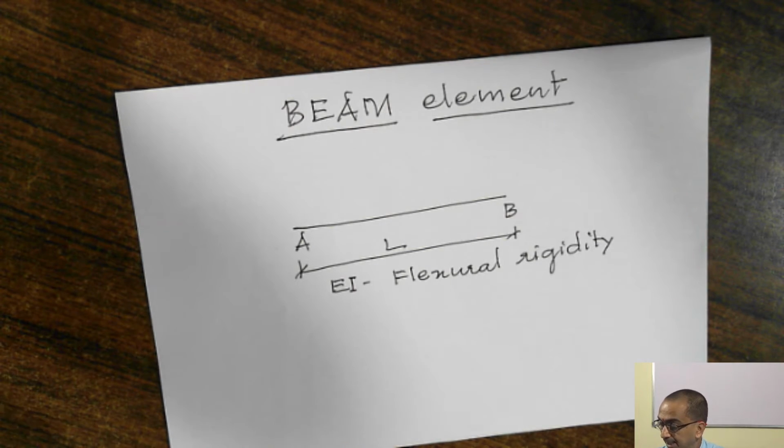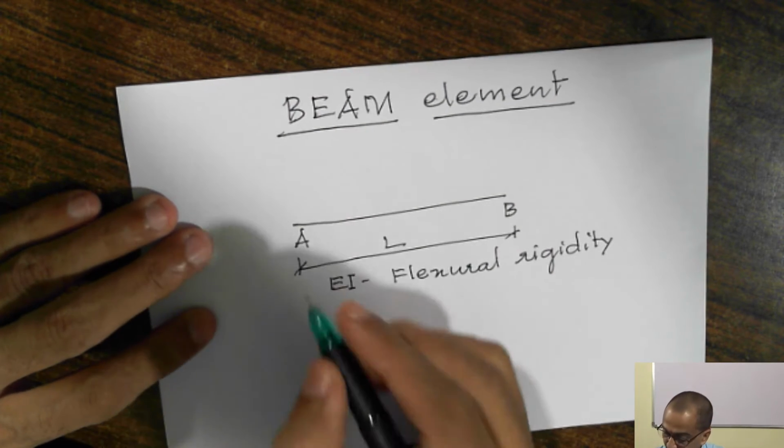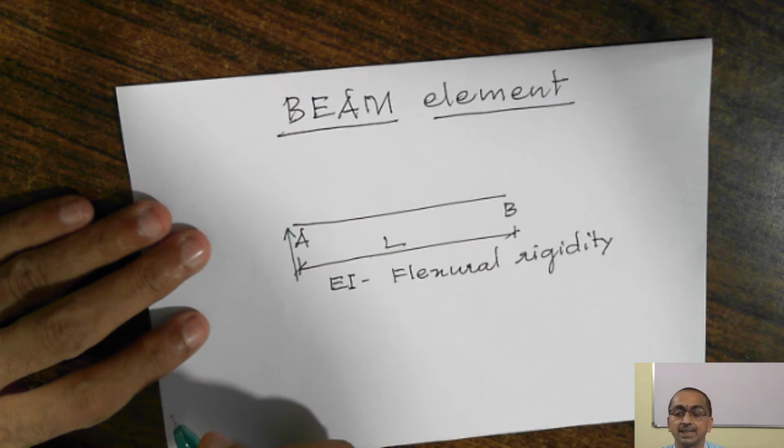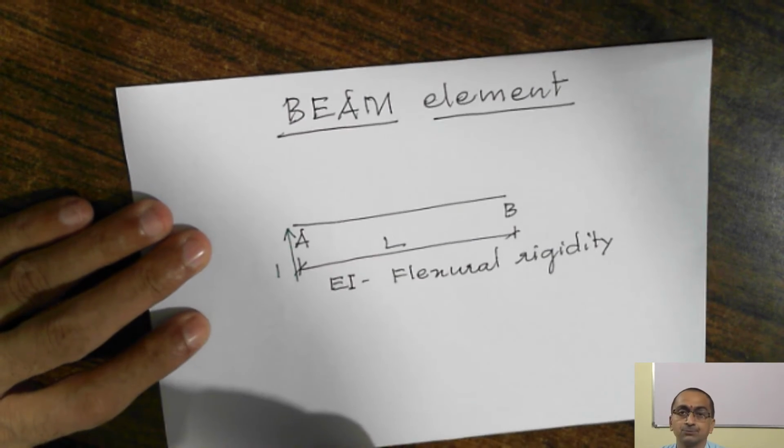The first degree of kinematic indeterminacy for the beam element is that it can get displaced in the y direction, upwards. I will number this as 1.